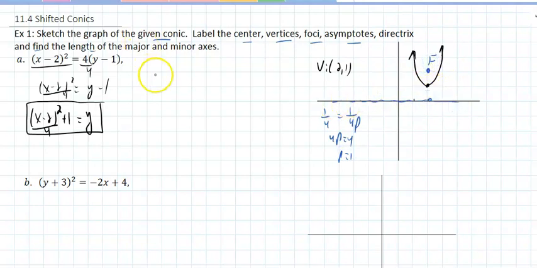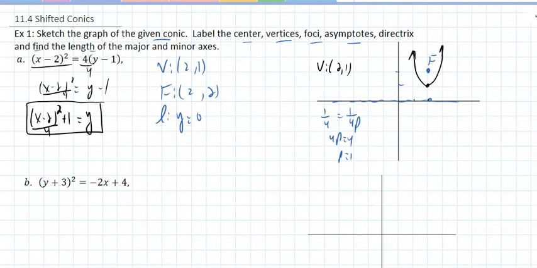If a problem is this simple, I really don't need any alternative methods. The focus is at x equals 2, and 1 above 1 is 2, so (2, 2), and the directrix is y equals 0.